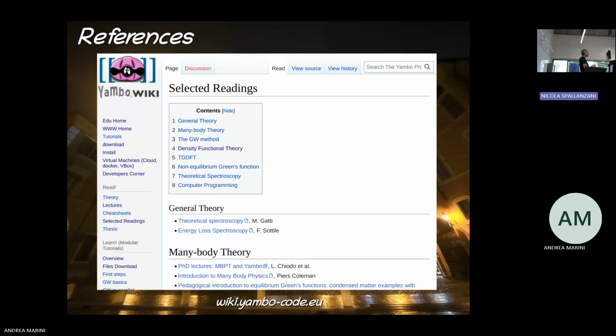So in that case, you need to tell the code, give me the Hubbard U interaction, then you have to remove it and add it on. If you go to other fields, other interactions like the electron-phonon, there is still an open issue how to correctly and formally merge together many-body theory and DFT.